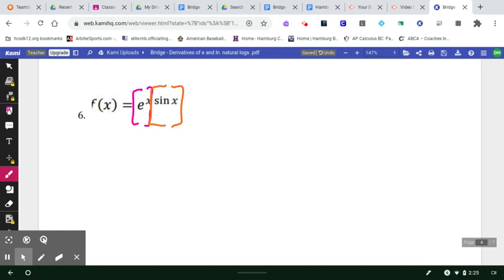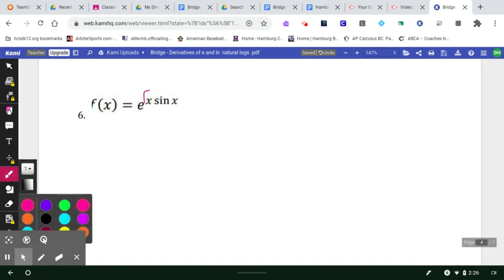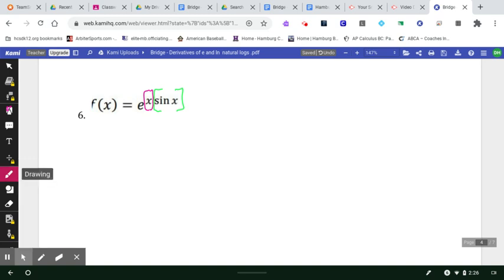All right, third time's a charm here. I have x times the sine of x. So notice how I said times. So when I derive that, I'm going to need to use product rule. So my u in this case is x times the sine of x.